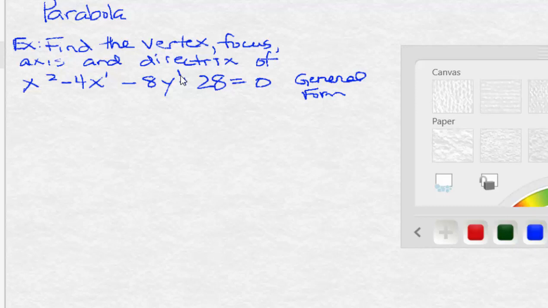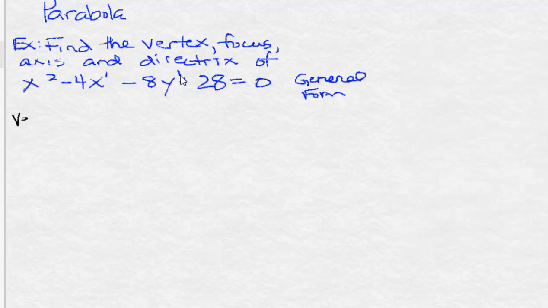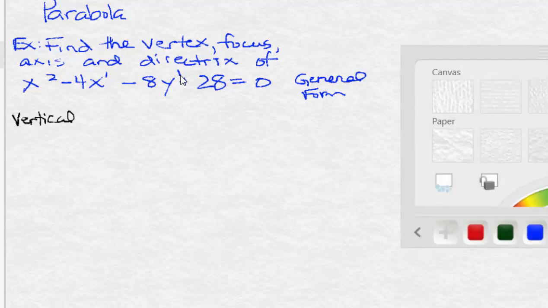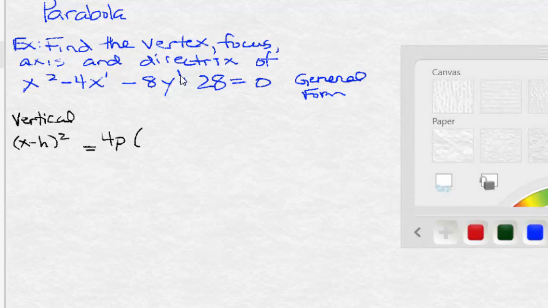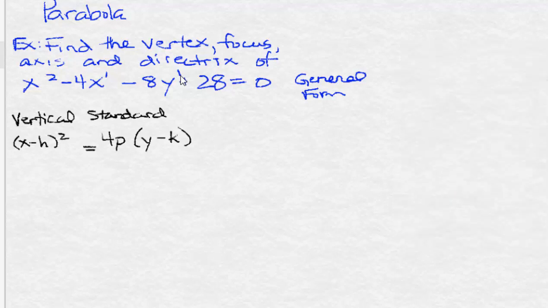The standard form of a parabola with a vertical orientation, opening upward or downward, looks like (x minus h) squared equals 4p times (y minus k). Again, this is called standard form.